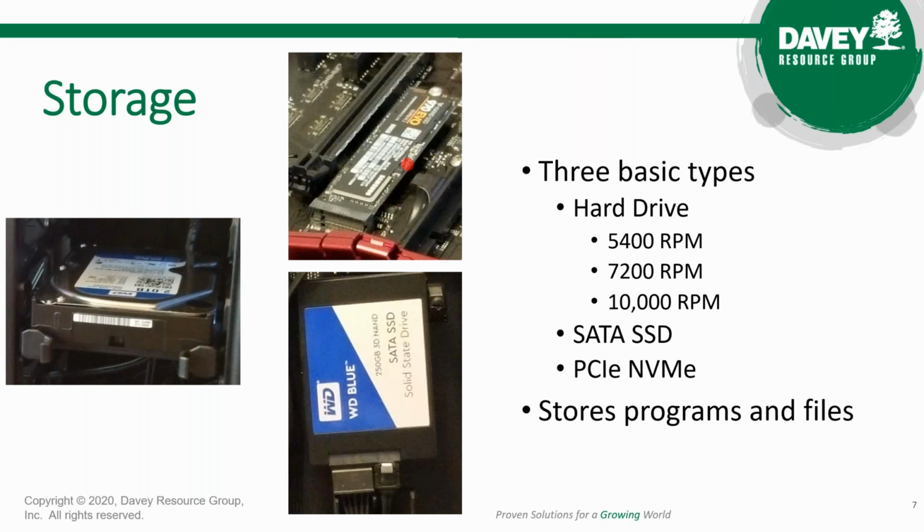So you want to make sure that you get one, I would say probably no smaller than 500 gigabytes. If you can get a terabyte, that's even better. But you want to use this for putting all your programs, your operating system on, and your page file for your operating system so that the system runs fast.